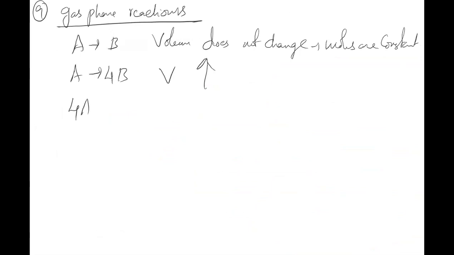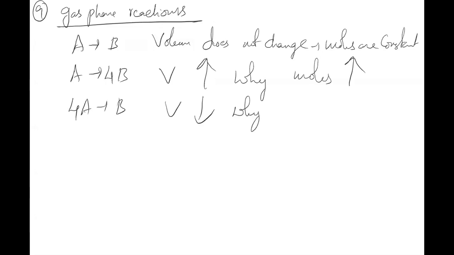If you take 4A gives B, your volume decreases. Why? Here your moles are increasing. Here your moles are decreasing. So we are talking about constant pressure reactions.